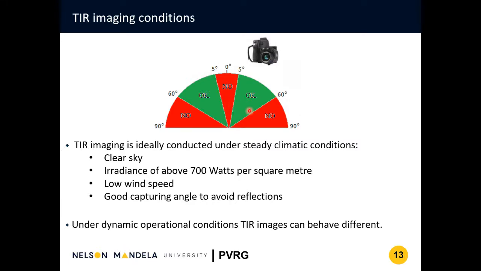This picture is showing that the reds must be avoided because they cause reflections on images, but the greens are good capturing angles. But when TIR imaging is conducted under different operational conditions, the TIR images can be different. Hence, it is important to understand the behavior of thermal signatures under dynamic operational conditions.